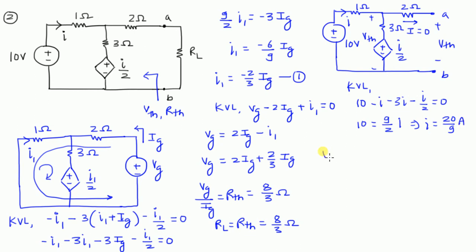So VTH is 3I plus I by 2, which is 7 by 2 I, or 7 by 2 into 20 by 9. So the value of VTH is 70 by 9 volts.